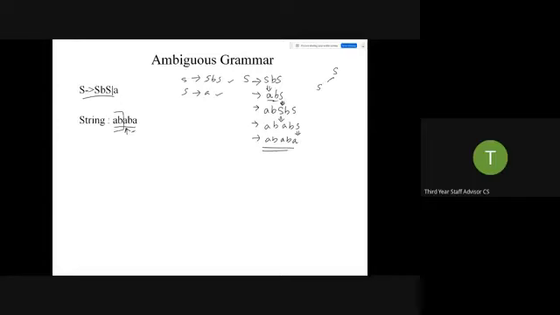S will be replaced with SBS, and the leftmost S is replaced with A, and this S is replaced with SBS. This is replaced with A, and this is replaced with SBS, and this is replaced with A, and this rightmost S is replaced with A.